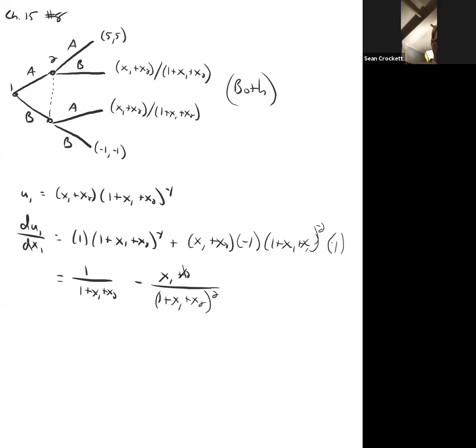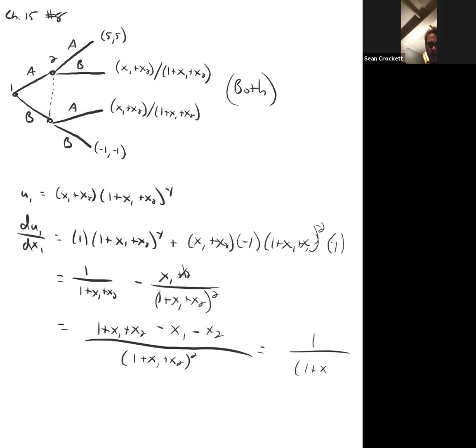Okay, and then this side, now we're going to make it 1 plus x1 plus x2 minus x1 minus x2 over 1 plus x1 plus x2 squared, which is just equal to 1 over 1 plus x1 plus x2 squared. Okay, so that's the derivative.